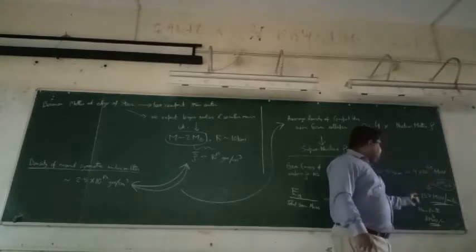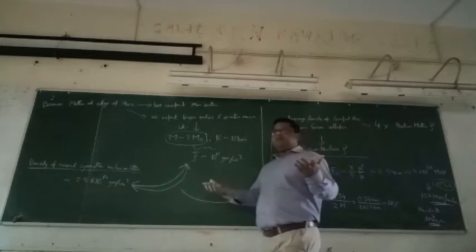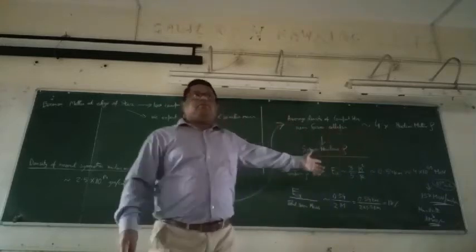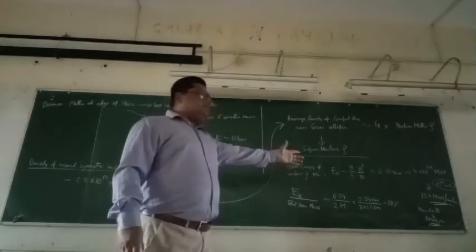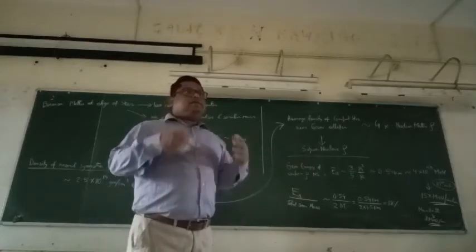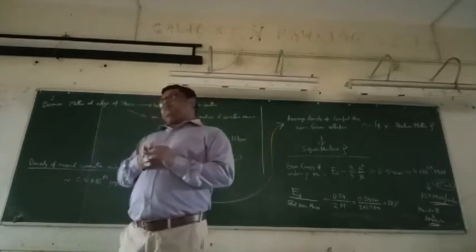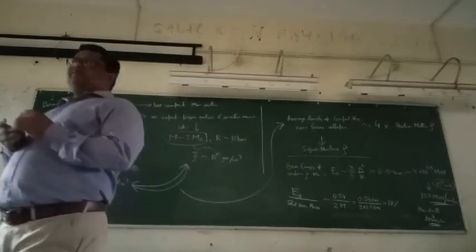So what is the energy per nucleon? Around 157 MeV. Again it's a huge number, 20 times more than your normal matter, 8 MeV per nucleon. So what can you infer from this? Think about it and tell me in the next class.